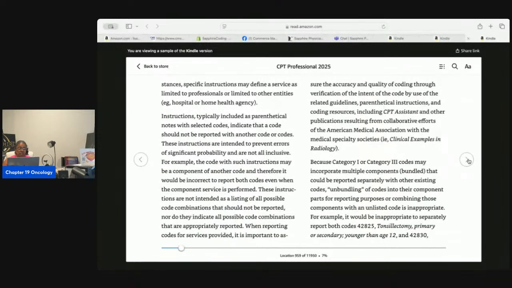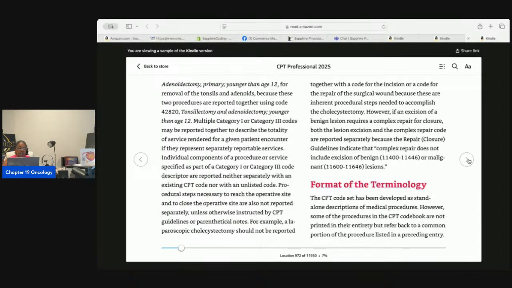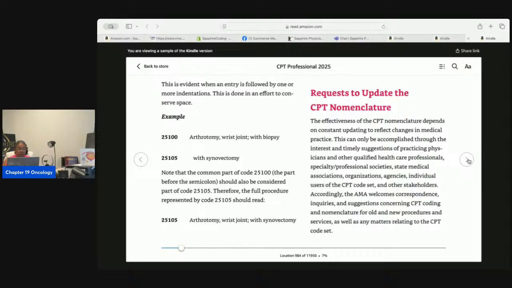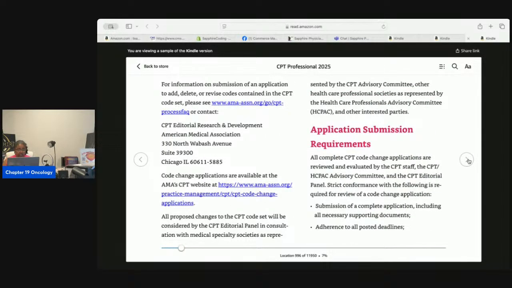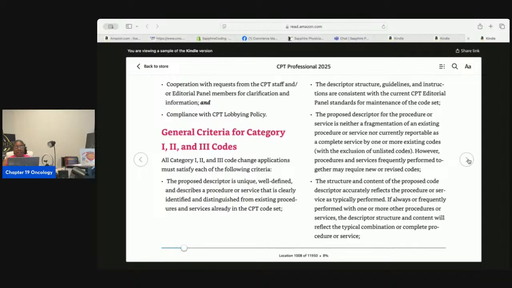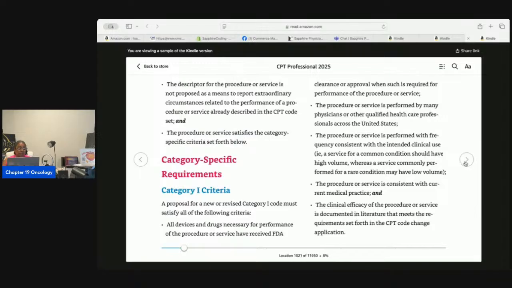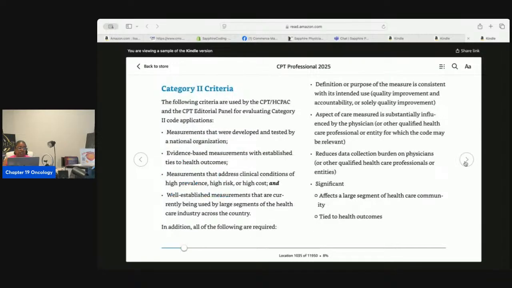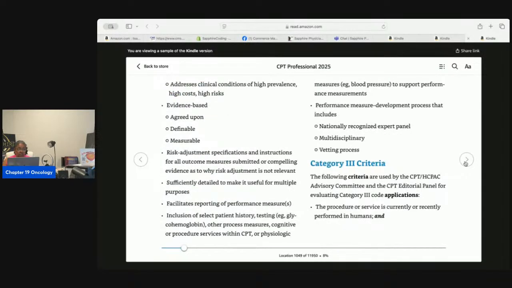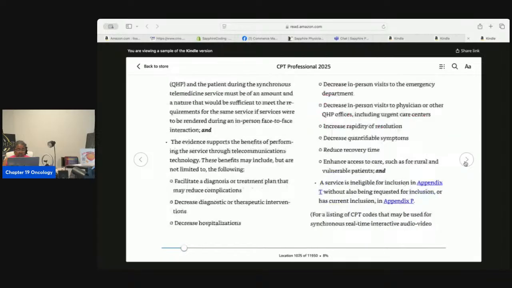I would definitely like for you to read the guidelines of the CPT, even before we get to the CPT coding, or the ICD-10. See general criteria for category 1, 2, and 3. Some of you who do not have your books, or who just want to know what the coding is, this is the gusto of the coding. This is where we're going to start from scratch.